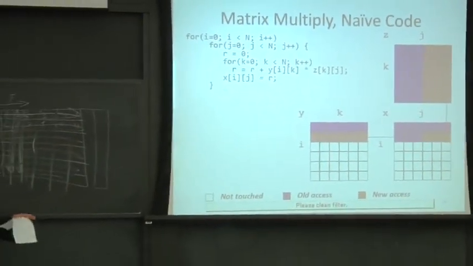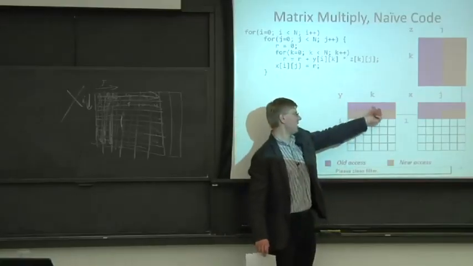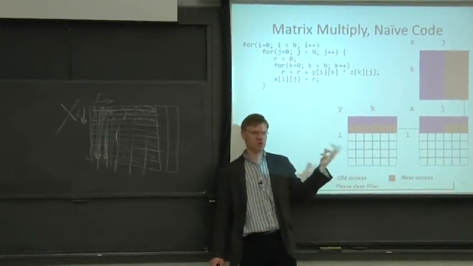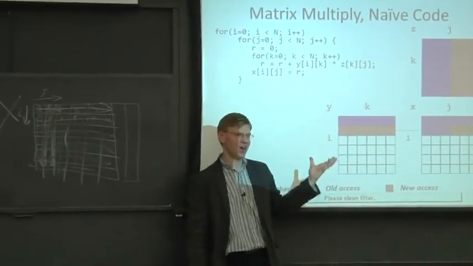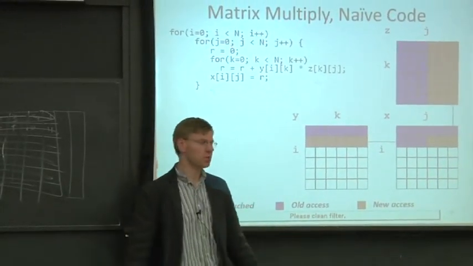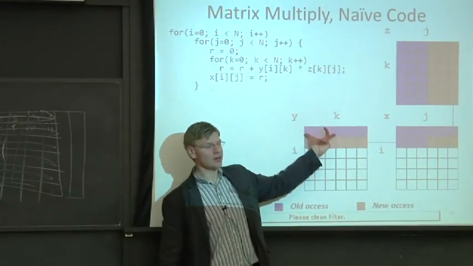OK, let's think about what this does to our cache. Let's say these elements here are bigger. They're not just 1 byte or 1 word. They're a couple words, or maybe like a long or something like that. They're a big data structure, or a big value. And let's say only 3 values fit in a cache block or a cache line.